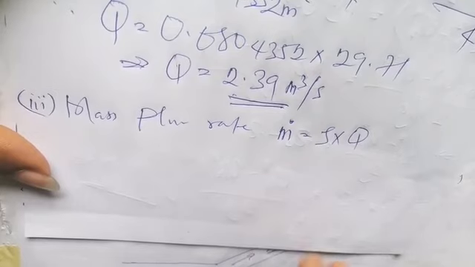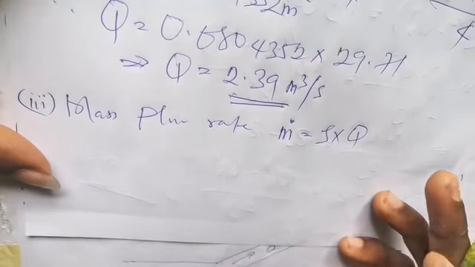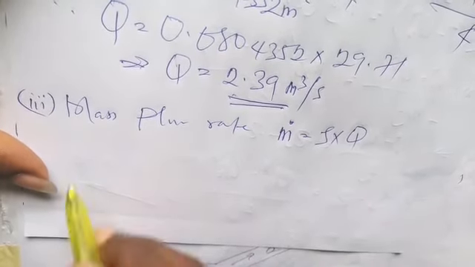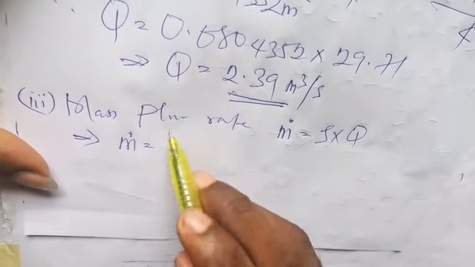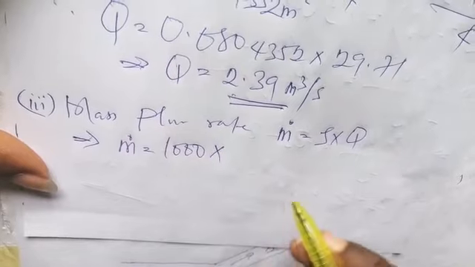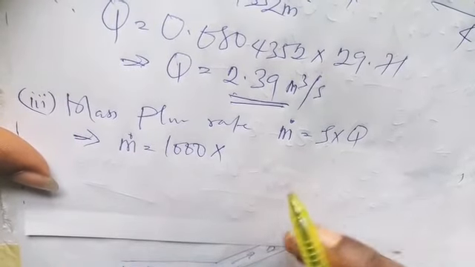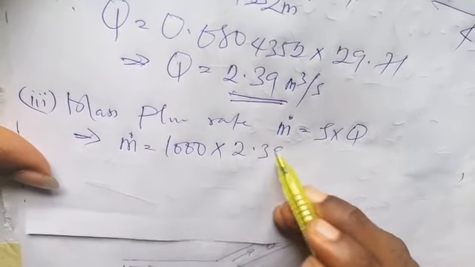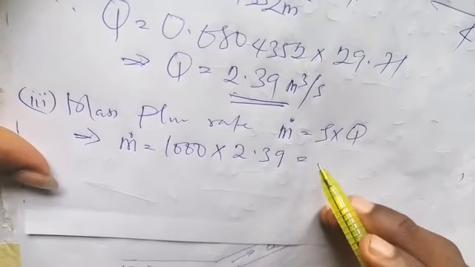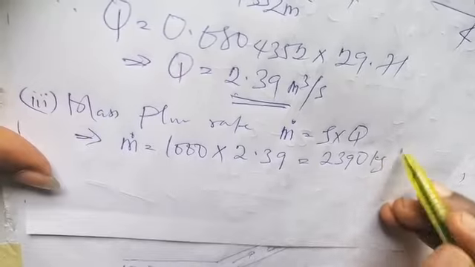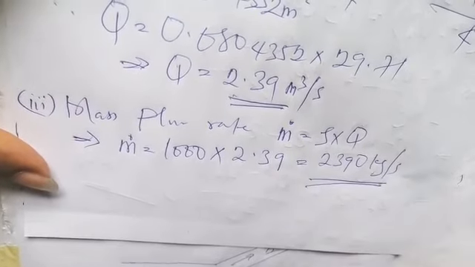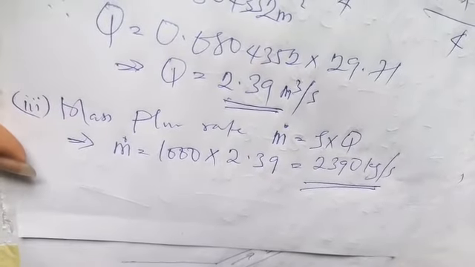Since we're talking about water, the density is that of water, which is constant at 1000. So mass flow rate is 1000 multiplied by 2.39, which is 2390 kilograms per second. That becomes the mass flow rate of that fluid.